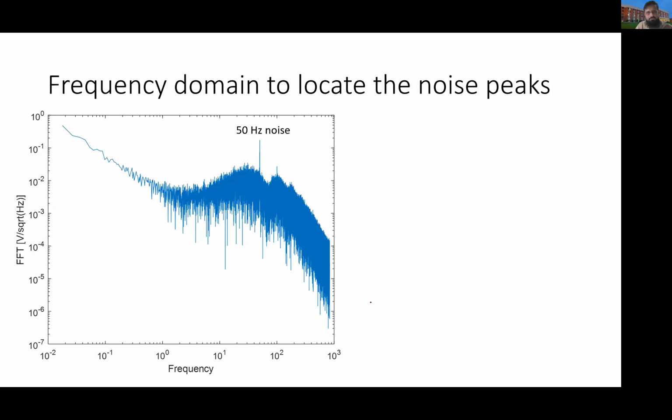The frequency domain is especially helpful to locate particular noise peaks in the data. For example, this 50 hertz signal has a very sharp peak. This is a noise which is commonly seen in electrical circuits.